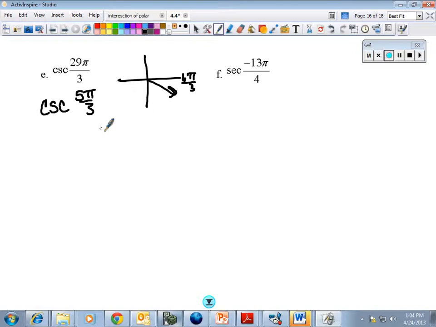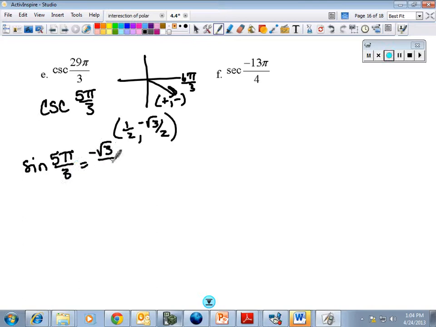My pi over 3 angle is 1/2, square root of 3 over 2, but it's going to be positive, negative, so that's going to be a negative. Cosecant goes with sine, so if I can find the sine of 5 pi over 3, the sine is negative square root of 3 over 2, so cosecant is going to be negative 2 over the square root of 3.